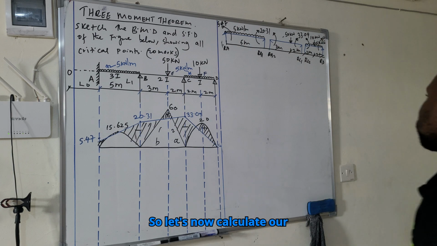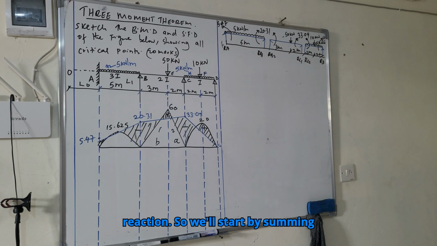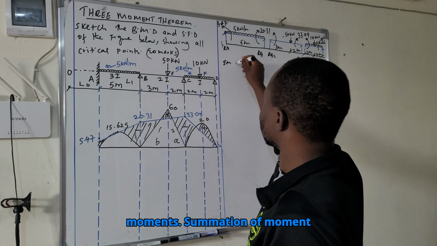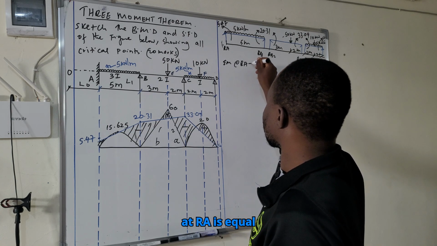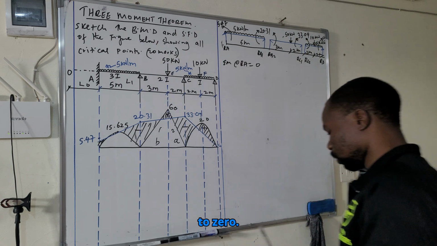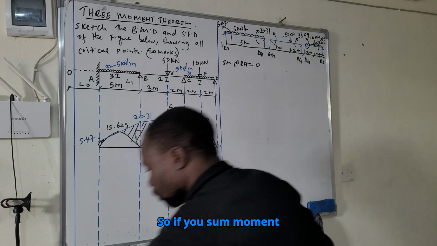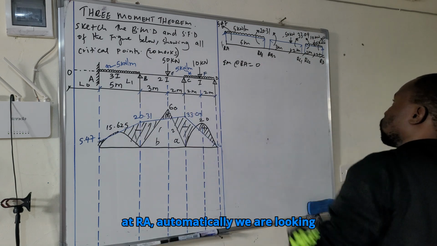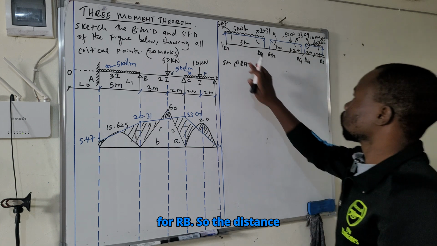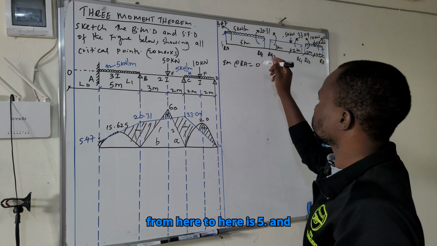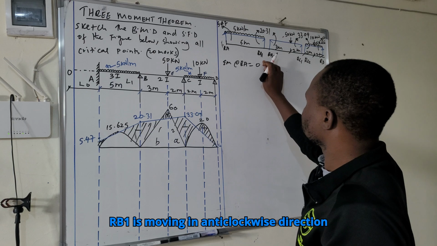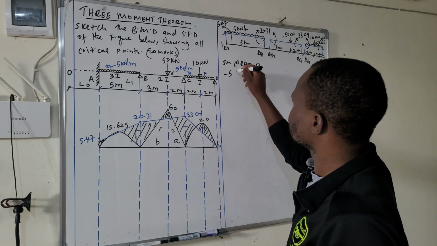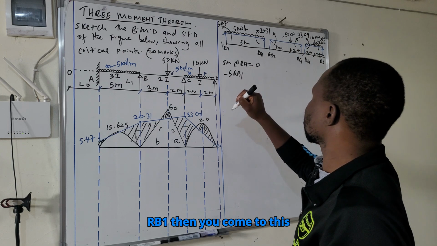So let's now calculate our reaction. So we'll start by summing moment. Summation of moment at RA is equal to 0. So if you sum moment at RA, automatically you are looking for RB. So the distance from here to here is 5, and RB1 is moving in anti-clockwise direction. So we have negative 5 RB1.